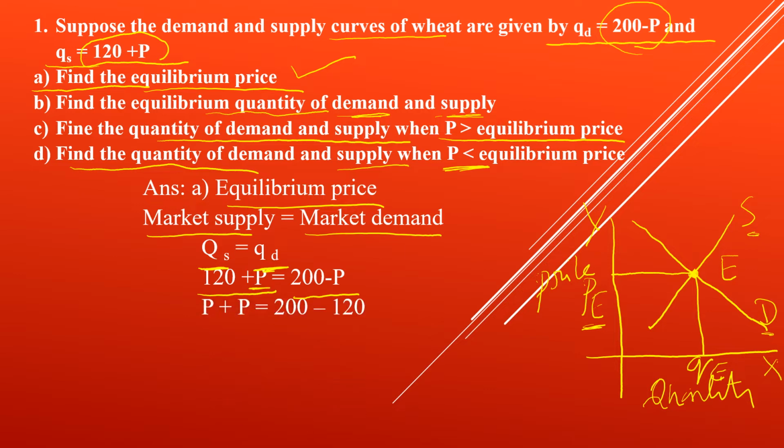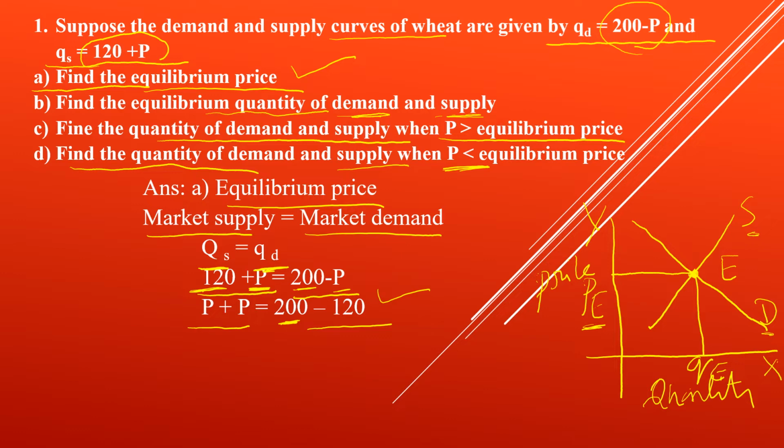Bring the variable P to one side. As we are bringing minus P towards the left side, it becomes plus P. 200 we will keep as it is. When you take 120 towards the right side, it becomes minus 120.